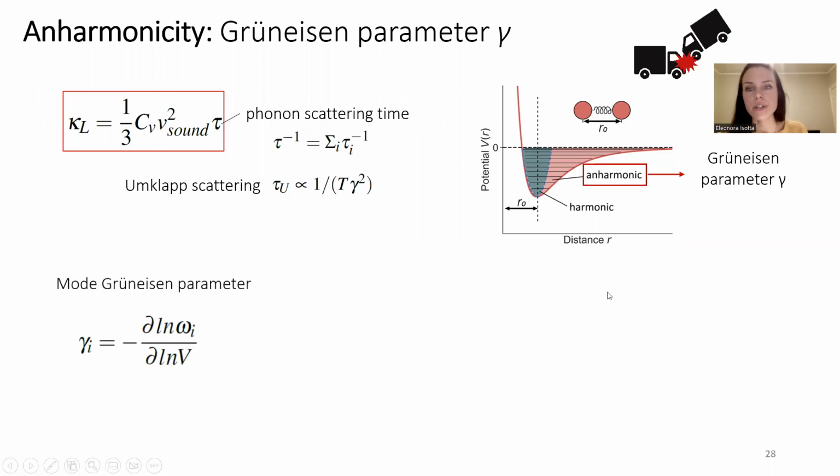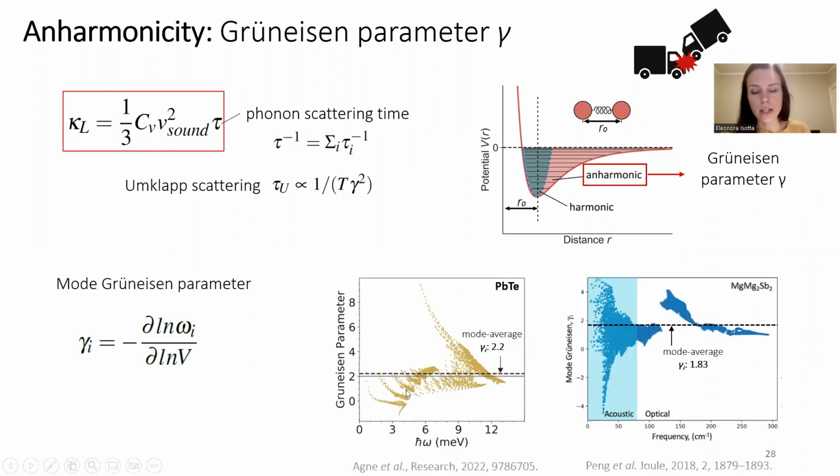The Grüneisen parameter is usually mode specific. This means that every phonon mode will have its own Grüneisen parameter and is usually calculated from DFT by looking at the variation in frequency of this phonon mode when we have a variation in the volume of the crystal. So usually people, if they calculate it with DFT, will end up with a series of values for every phonon mode.